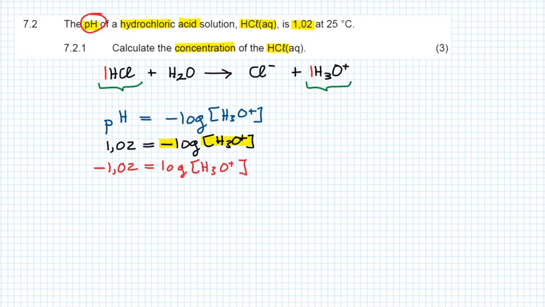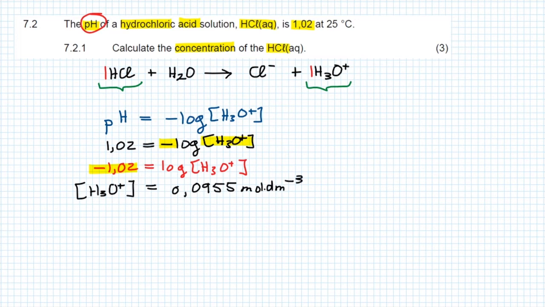Into your calculators, you will now press Shift Log and enter negative 1,02, and then you find out that the concentration of the H3O plus is equal to 0,0955 mole per decimeters cubed.